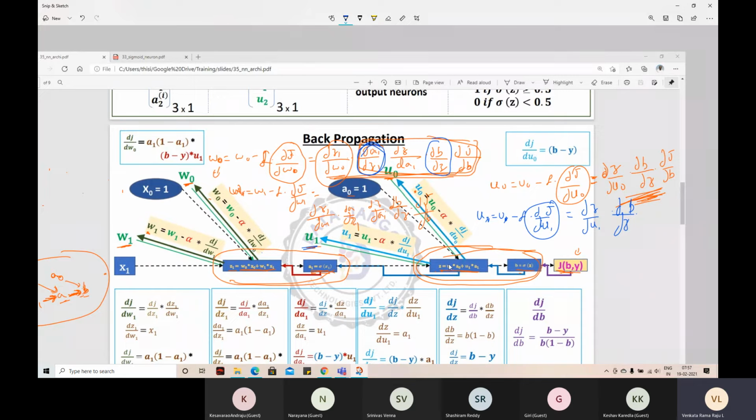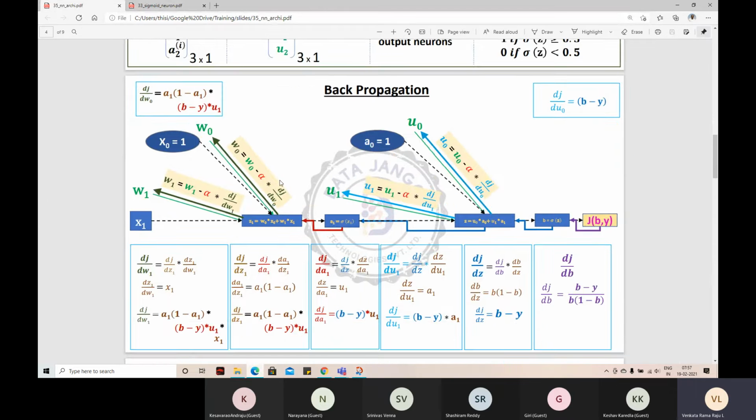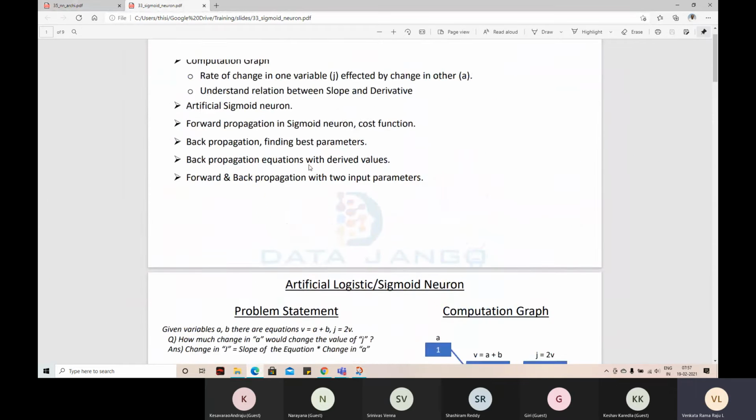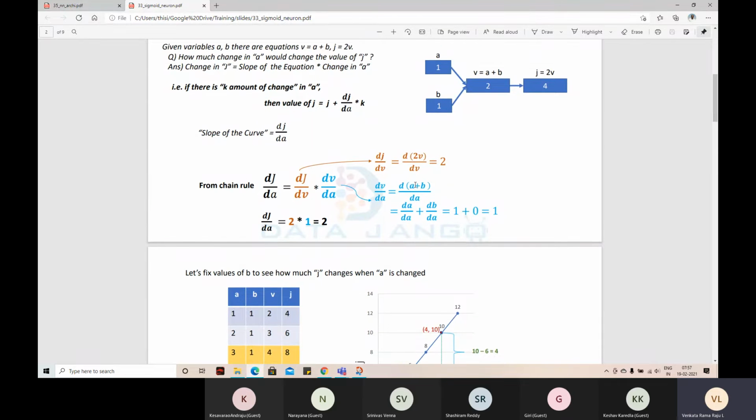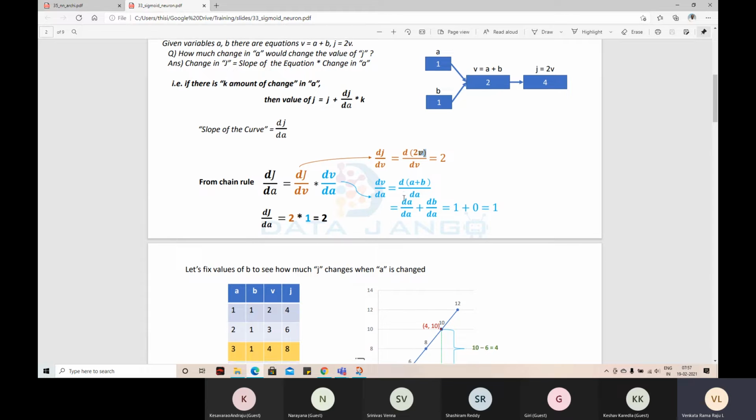This equation is in terms of Z. This equation is in terms of B. So we are doing the derivative with respect to the corresponding value. If you look at this first equation, this dV by dA calculation is easy because A and B are the terms present in the V function. In J the terms are in terms of V, so the calculation becomes easy, and we are multiplying.